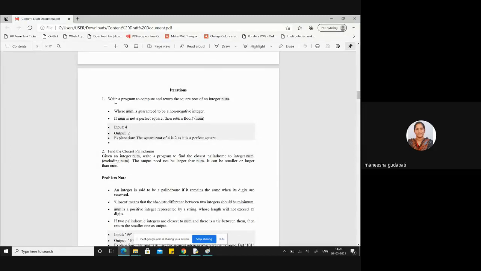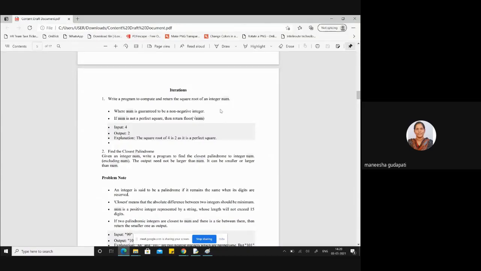So one more simple program. Write a program to compute and return the square root of an integer number. They will give you one number and you have to print the square root of the number. But here they have given you something: the number is guaranteed to be a non-negative integer, so whatever number they give should not be a negative integer.